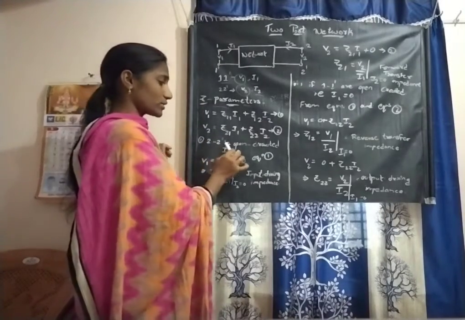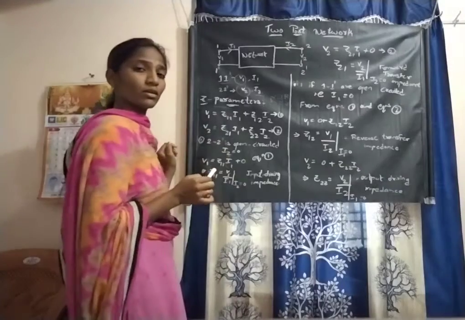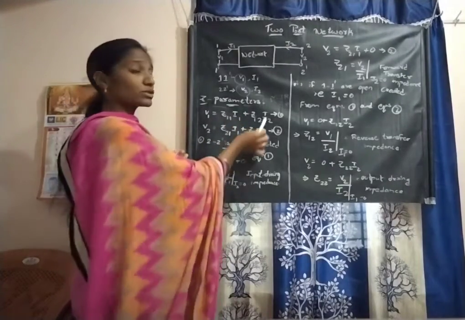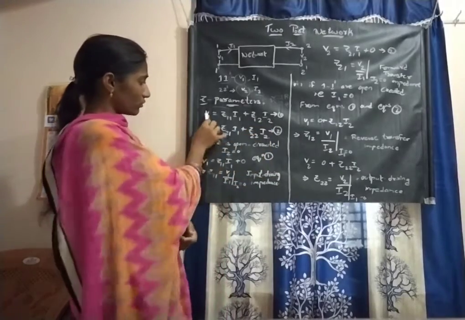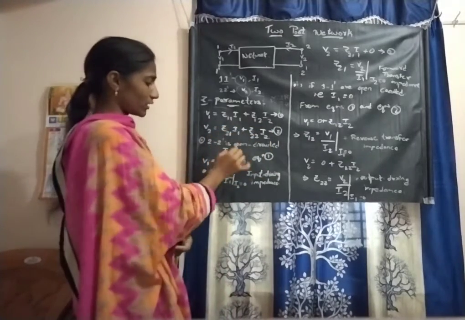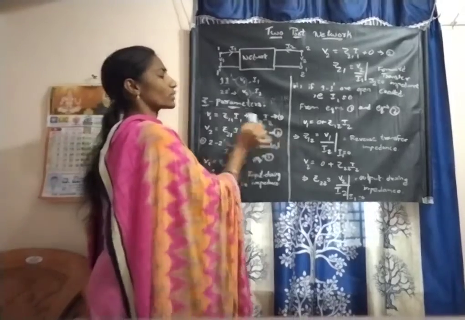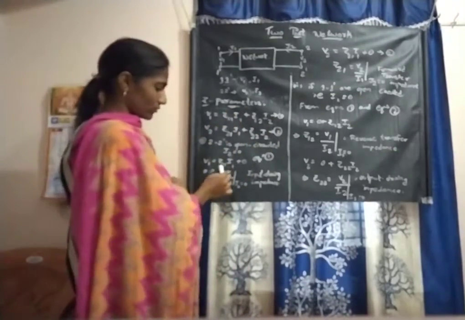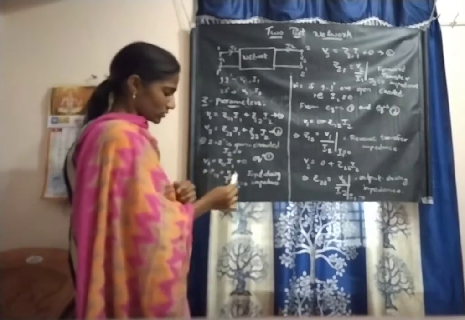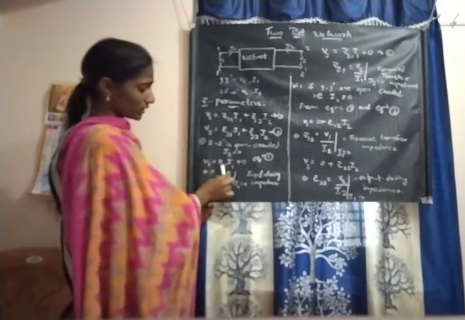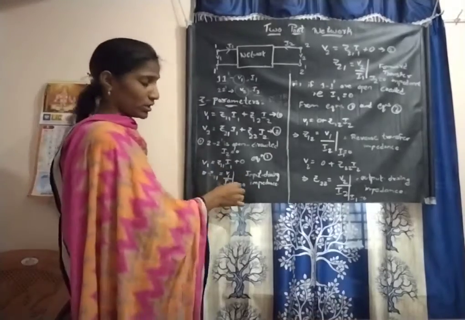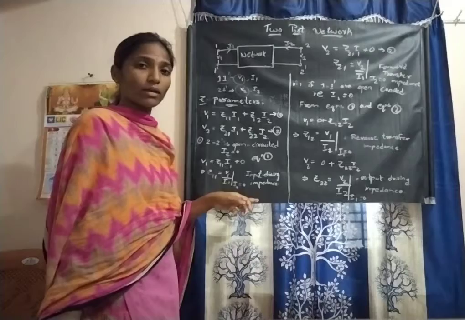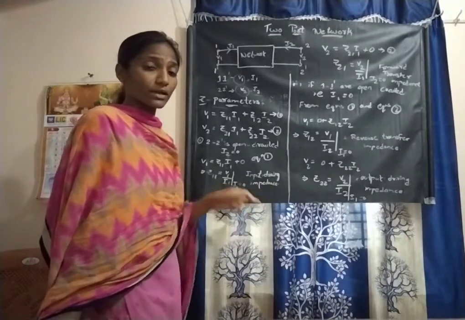Then equations 1 and 2 become V1 equals Z11 I1 plus Z12 times 0, since I2 is 0 with the open circuit at 2 dash. Then Z11 equals V1 by I1 when I2 equals 0. This is named the input driving point impedance.